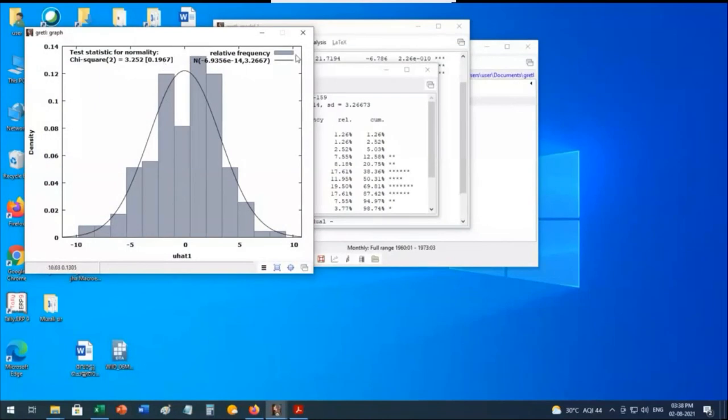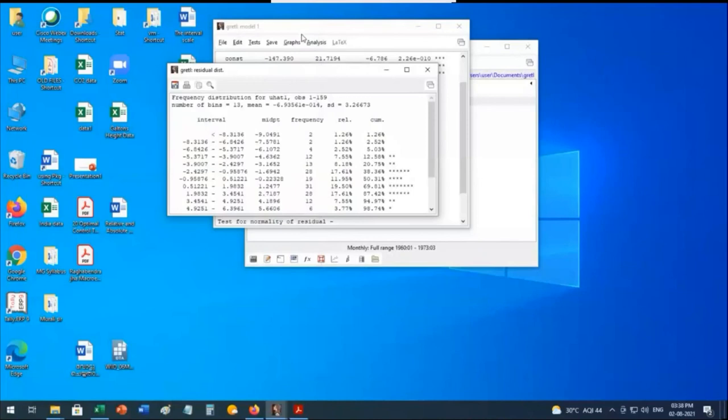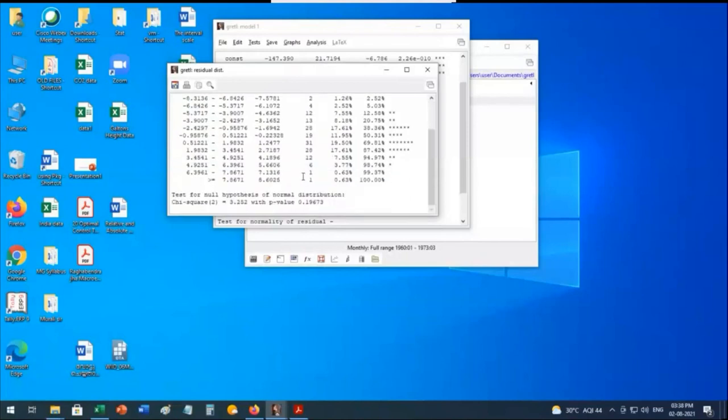Click this one. We have another frame here with the interval, that is the frequency distribution, and then we have the test for the null hypothesis of normal distribution. The chi-square test, you remember, chi-square test with 2 degrees of freedom. This test is our JB test, Jarque-Bera test.